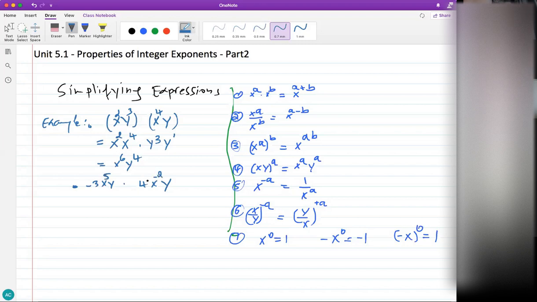Negative 2 and possibly 4 and 3. So again, multiplication could be expressed like these with parentheses, nothing in between, or with a little dot in the middle. We avoid the multiplication sign to avoid confusion with the letter x, okay? Either a dot or this, we use that for multiplication.